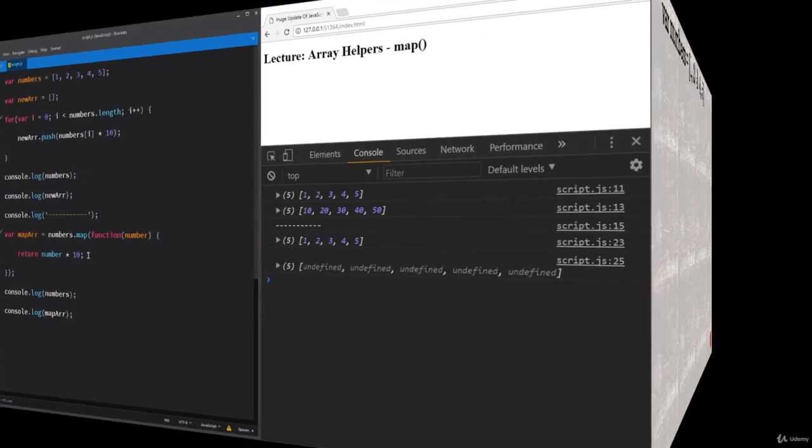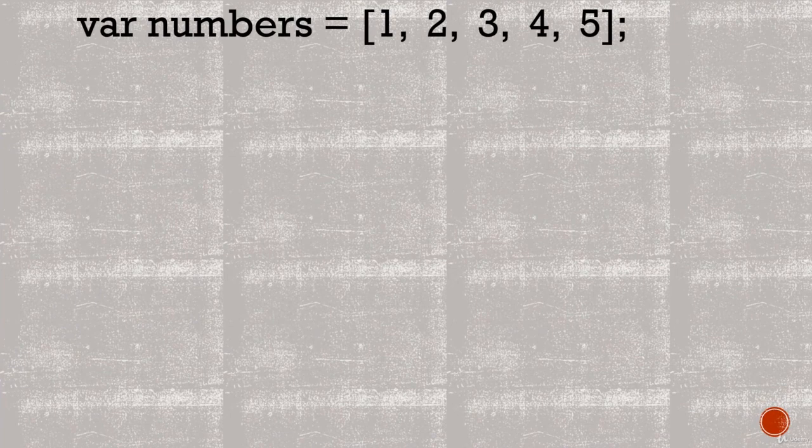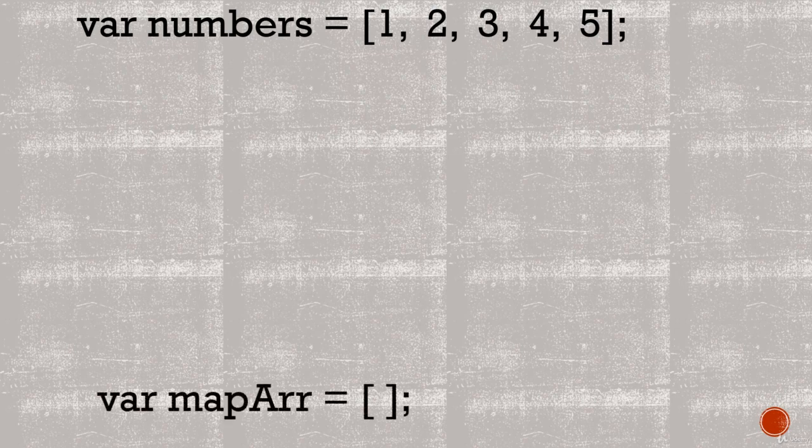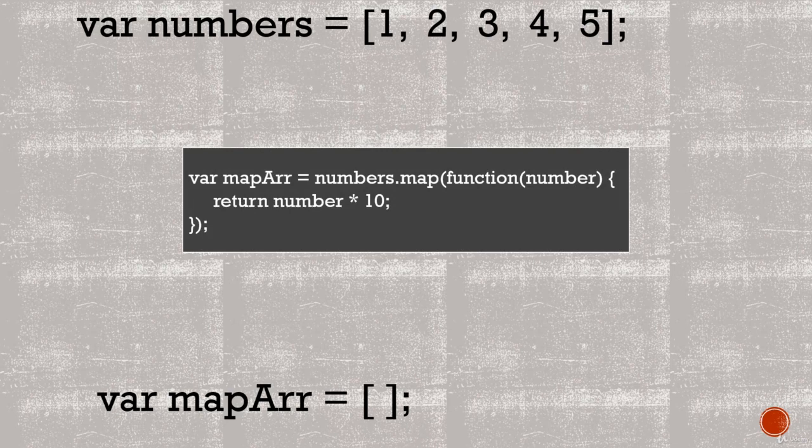Alright, let's take a look at how the map helper actually works behind the scenes. Here we have our original array of numbers, then another array which is created using the map helper, and the function itself. So at first, the function is executed for the first item, 1. It's multiplied by 10 and then the result is added to an empty array. Then the function is executed for the second item, which is 2. It's multiplied by 10 and the result is added to the new array as well.